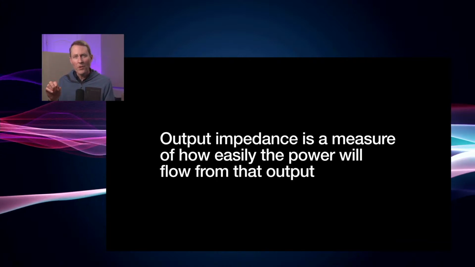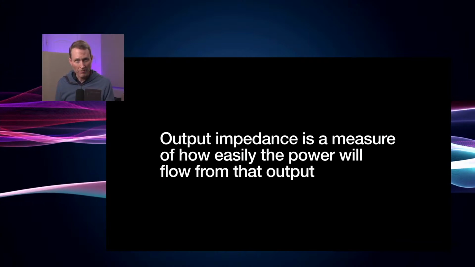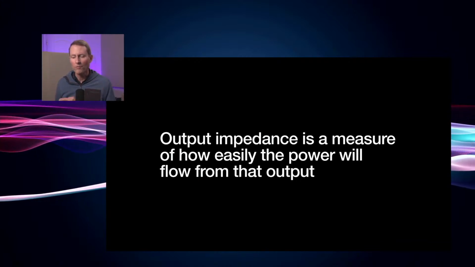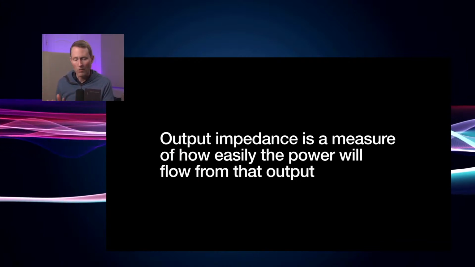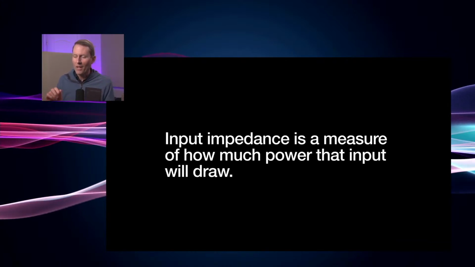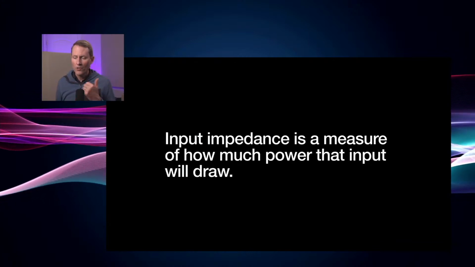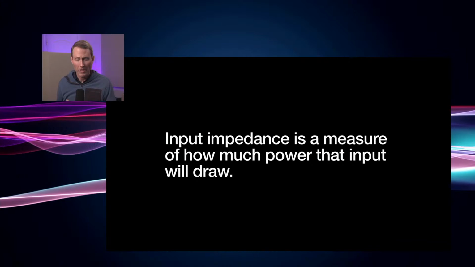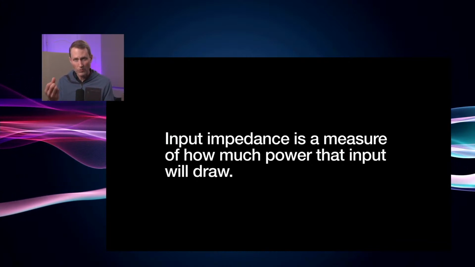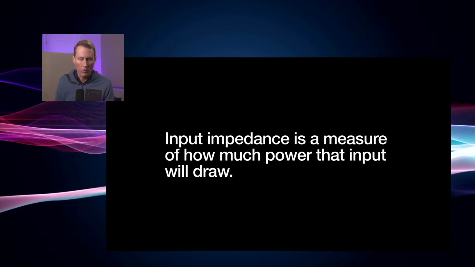So output impedance is usually a specification you will see for microphones, and in very basic terms, it's a measure of how easily the power will flow from that output, and it's measured in ohms. Okay, so just stick with us here. What about input impedance? Also sometimes referred to as load impedance, terminating impedance, or termination impedance. It's a measure of how much power that input will draw, and this is what you see typically on a preamplifier, an audio interface, a field recorder.